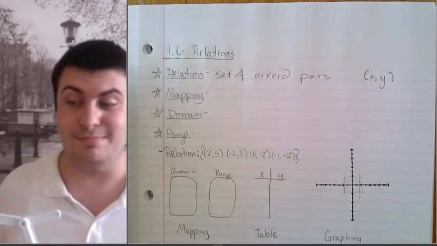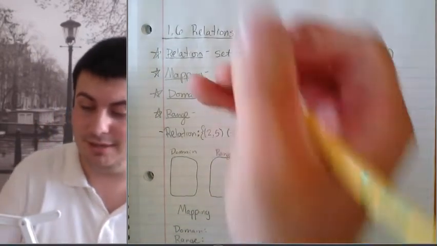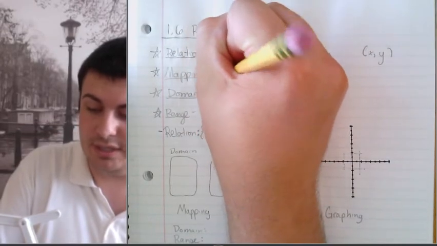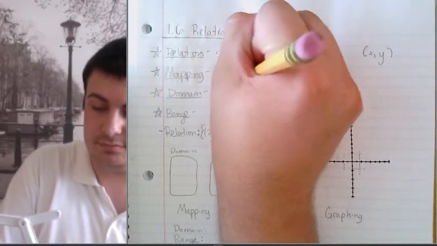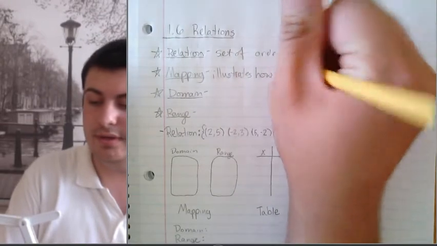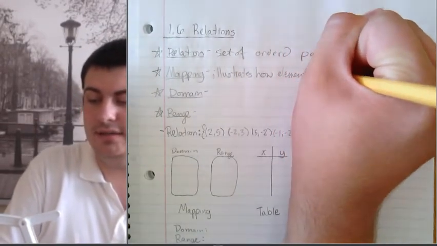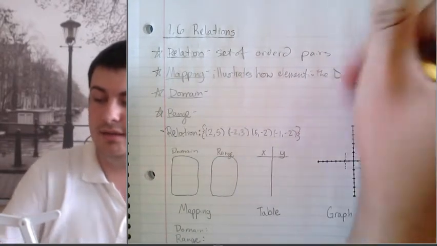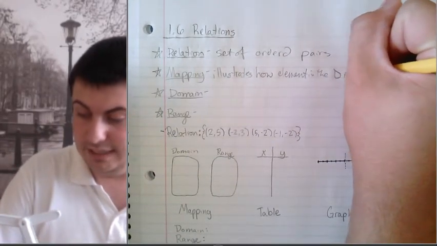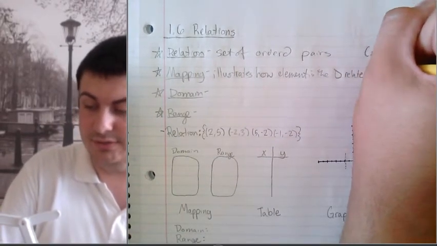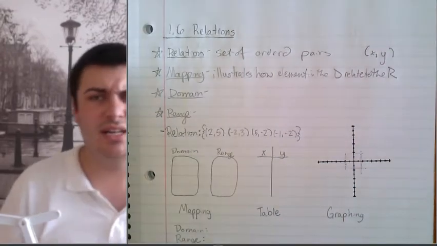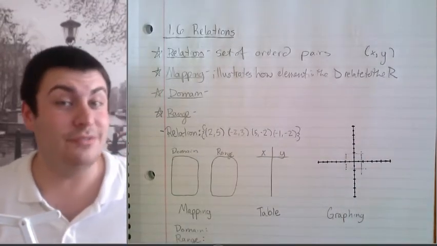One such way is mapping, and a mapping illustrates how elements in the domain relate to the range. The domain and the range, these terms hopefully sound familiar.